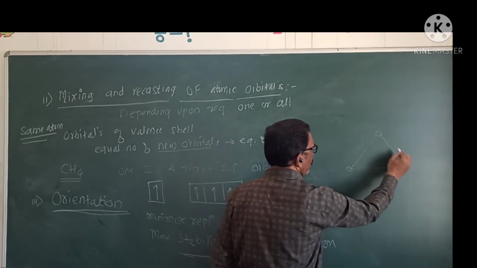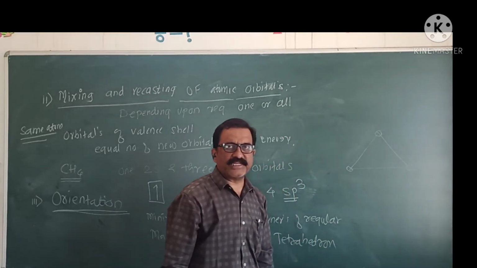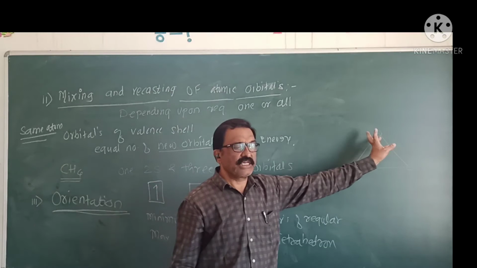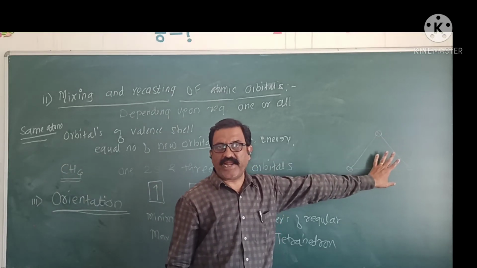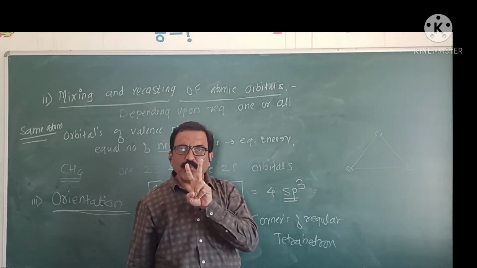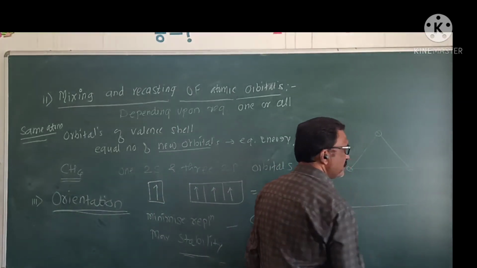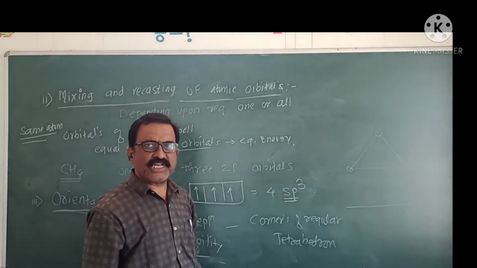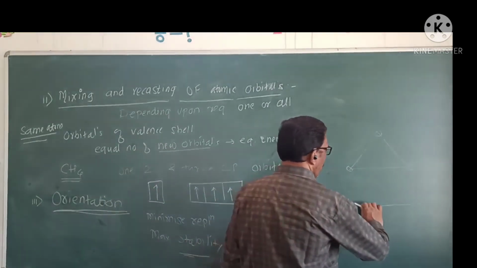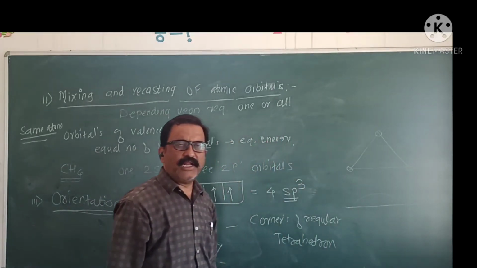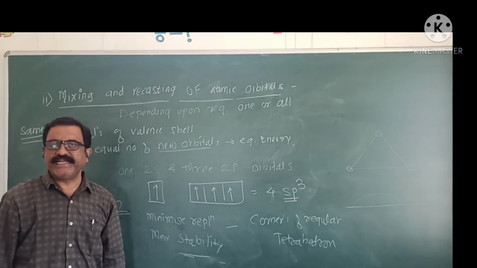If there are only 2 hybrid orbitals, they are arranged linearly, having a bond angle of 180 degrees.